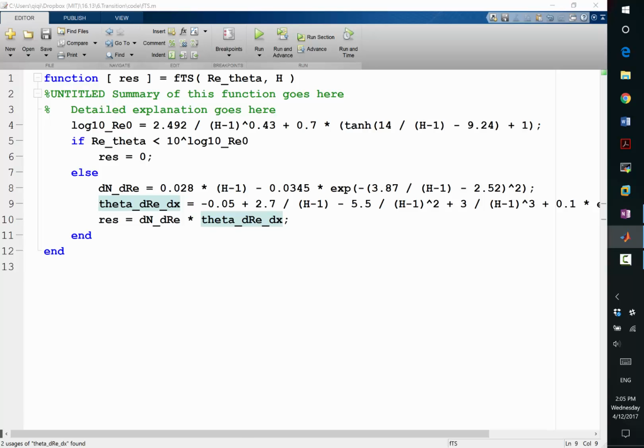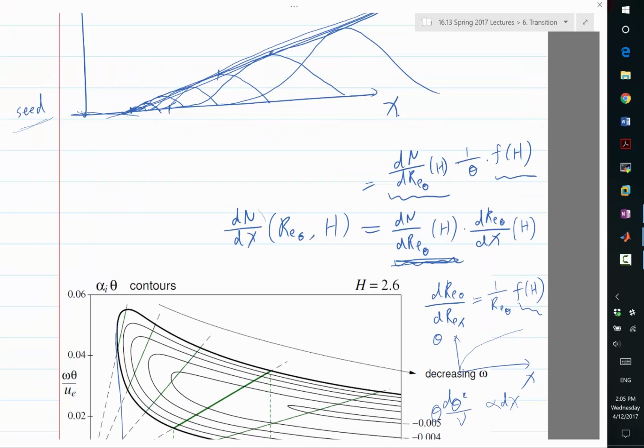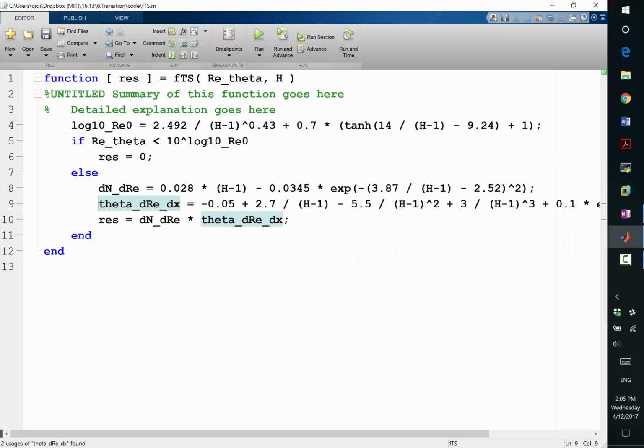Well, actually I wrote it as theta times d(Re theta) dx, which is this f(h), right? Because this d(Re theta) dx is equal to 1 over theta times f(h). So theta times d(Re theta) dx is this f(h). That's only a function of h.